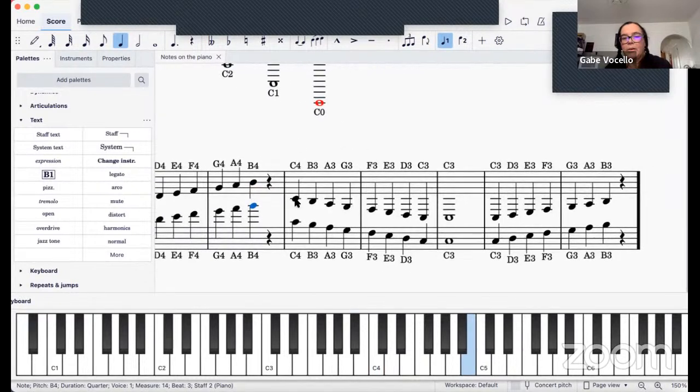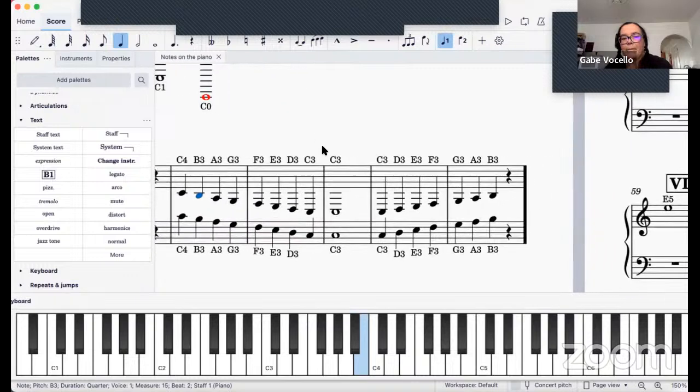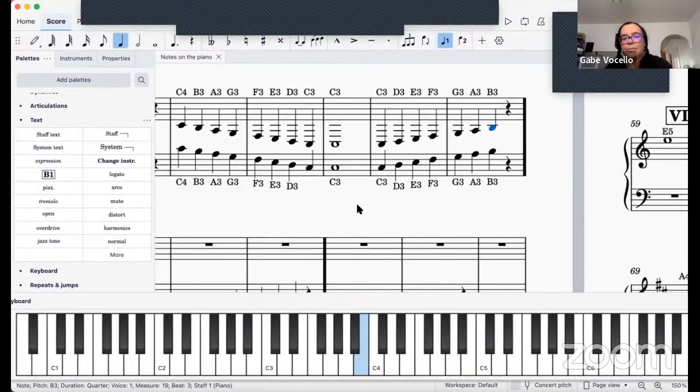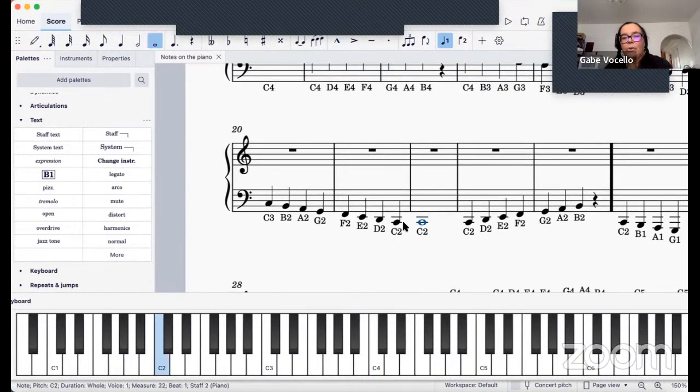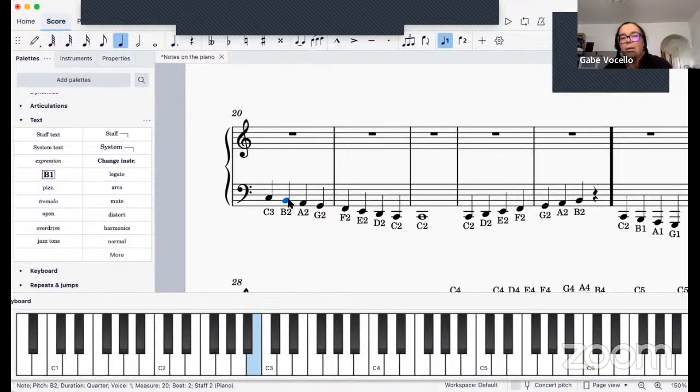Now descend from that C to B. All those notes are going to be under the C3 octave. All those notes here are under the C2 octave, from C to B. Descending: C3, B2, A2, G2, F2, E2, D2, and C2.